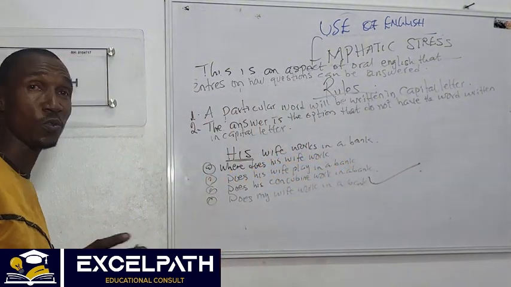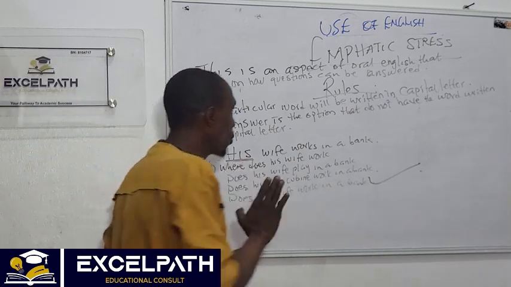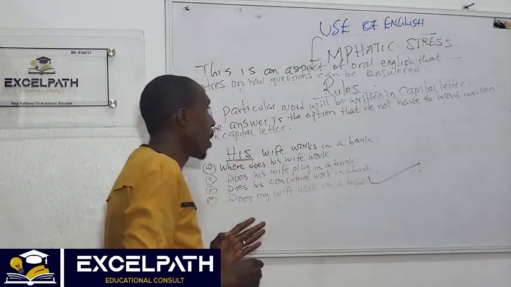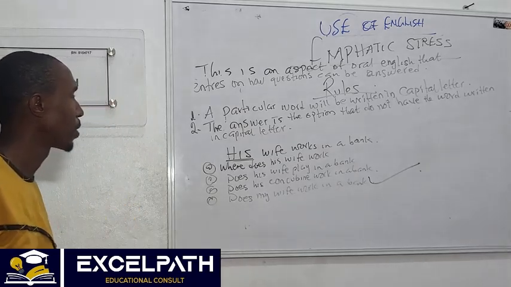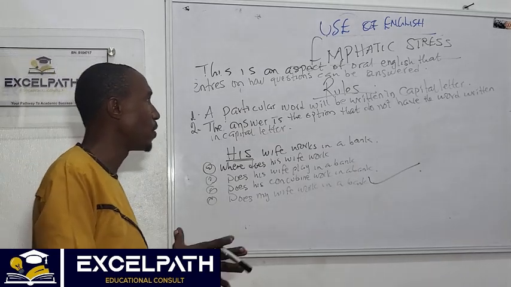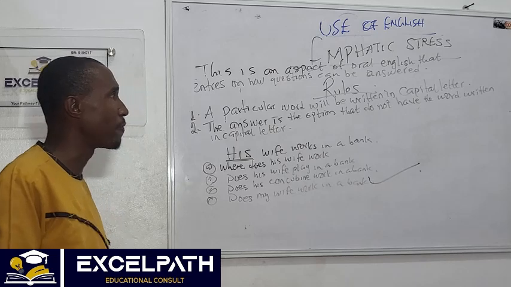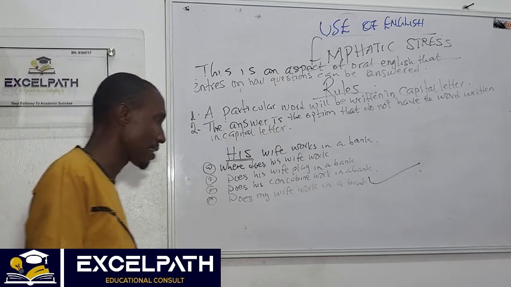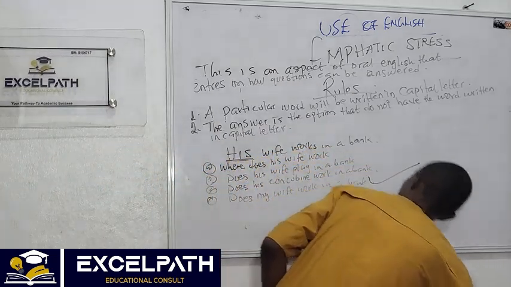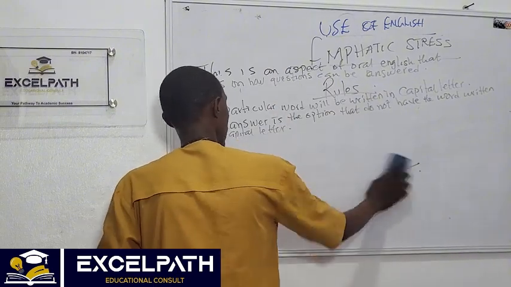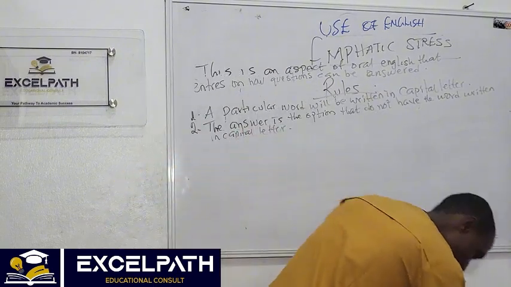So that is just what you need to know. Follow the principle. A particular word will be written in capital letter. Number two, the answer is the option that does not have the word written in capital letter. Now, look at this second example.